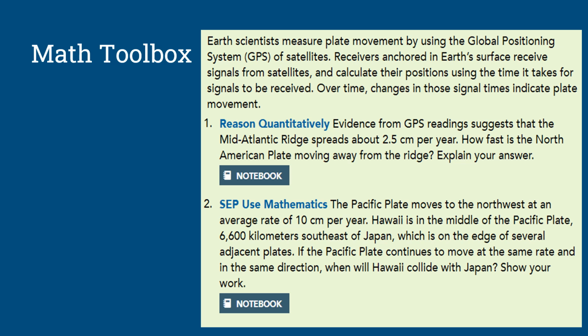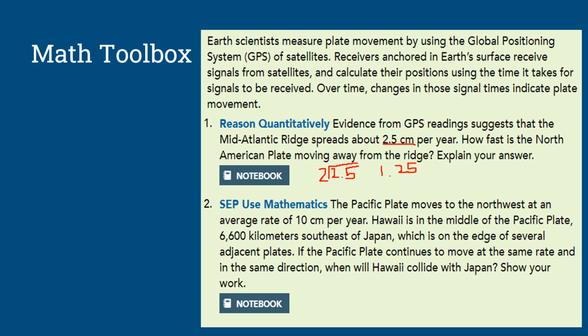So we took 2.5 centimeters and divided it by the number of sides of the ridge, which is 2. So 2.5 divided by 2, and that is how we ended up with 1.25 centimeters.